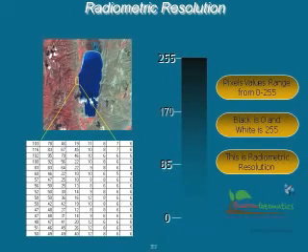The radiometric resolution of an imaging system describes its ability to discriminate very slight differences in energy. The finer the radiometric resolution of a sensor, the more sensitive it is to detecting small differences in reflected or emitted energy.